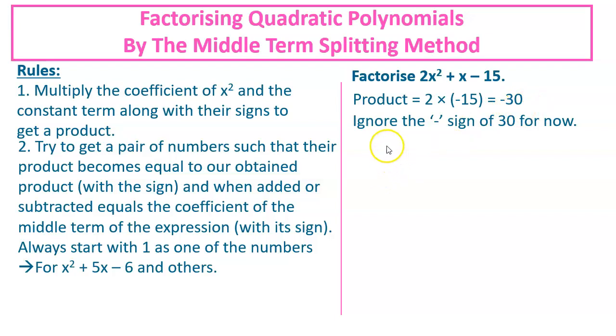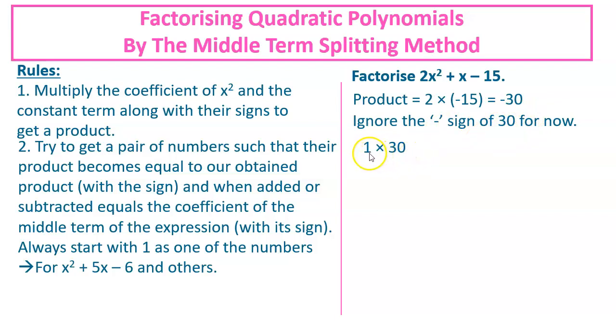And we start with 1. 1 is a factor of 30, so we can start with 1. 1 is in fact a factor of every number, so we can start with 1 every time. And 1 times 30 is equal to 30. So we have taken this pair of numbers 1 and 30.